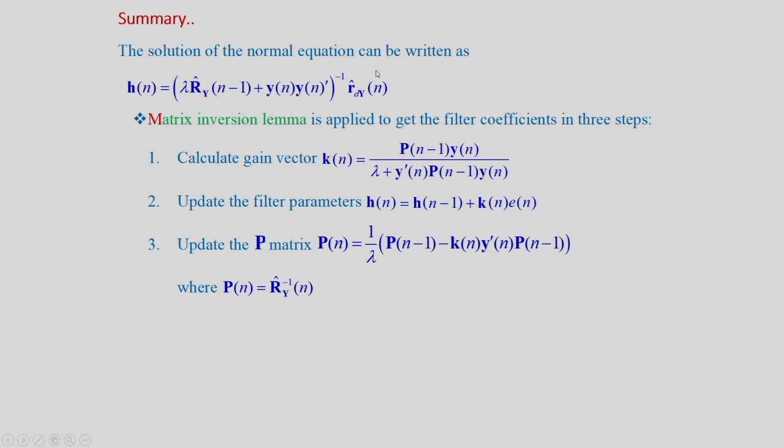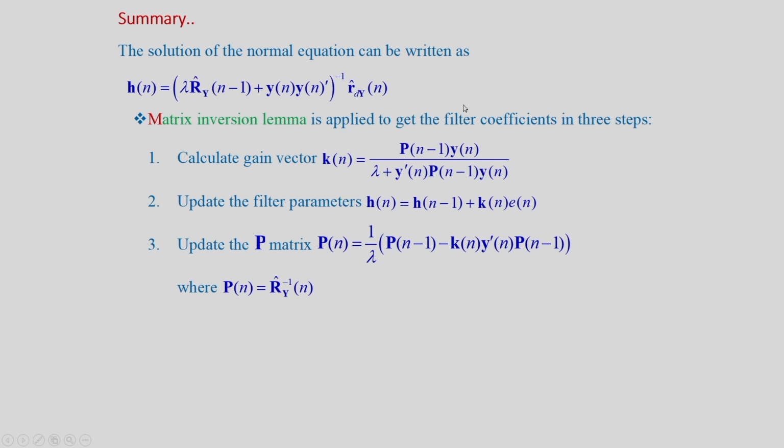The solution of the normal equation can be written using the recursive relation for r y hat n. Hn can be written as lambda times r y hat n minus 1 plus yn into yn transpose, whole inverse, into r dy hat n. So, that way we can write Hn, and now we can do the matrix inversion.